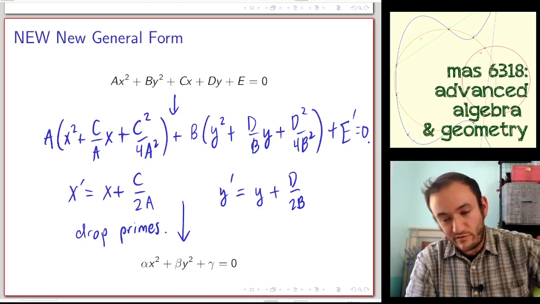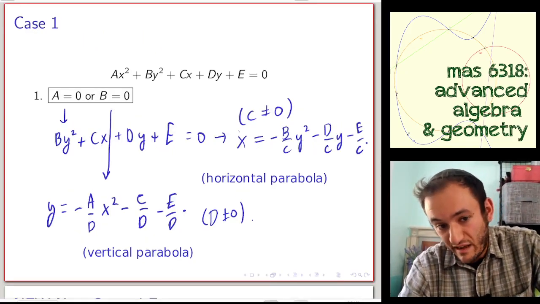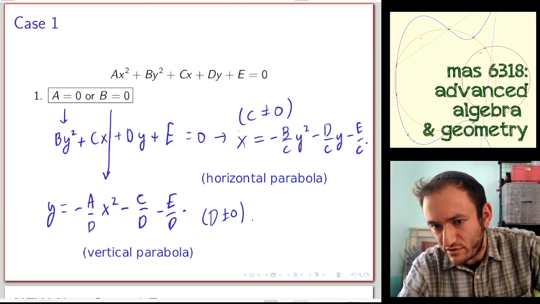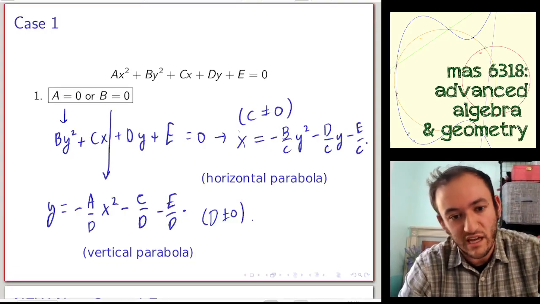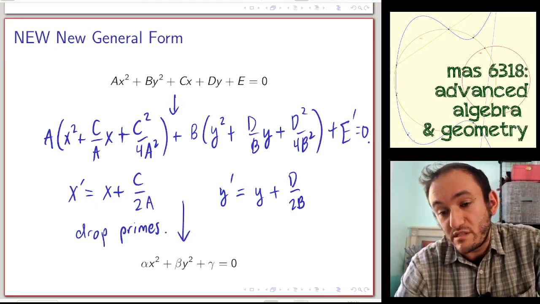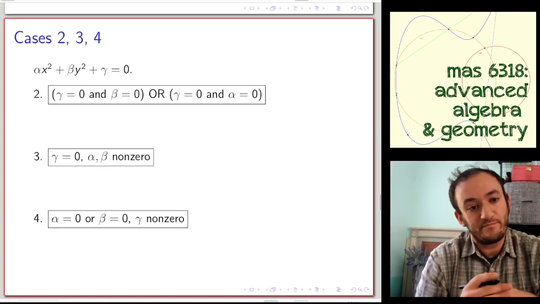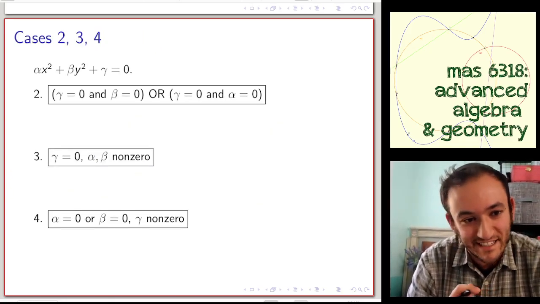We should keep in mind we've already addressed the case of having parabolas, and in the case of c equals 0 or d equals 0, those would give you a pair of lines. But now we're on to a simpler form, alpha x squared plus beta y squared plus gamma equals 0. Now we can start getting really into the cases.